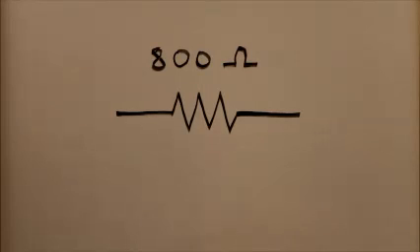Let's look at final exam question number 26, found on page 666 of Teach Yourself Electricity and Electronics, 5th edition. We have an 800 ohm resistor and we want to know what its conductance is.